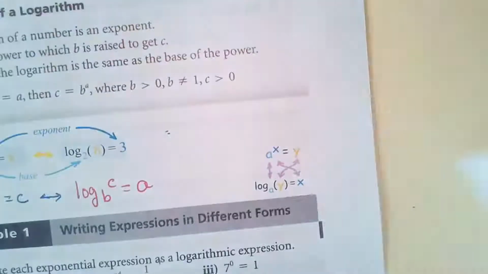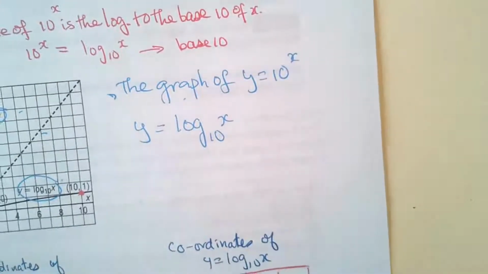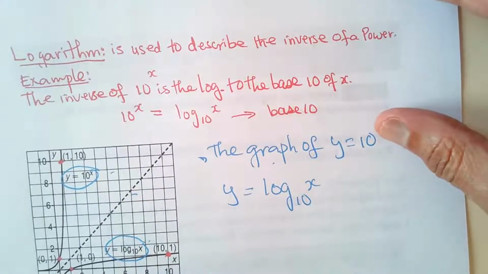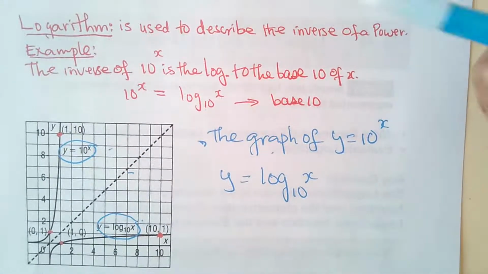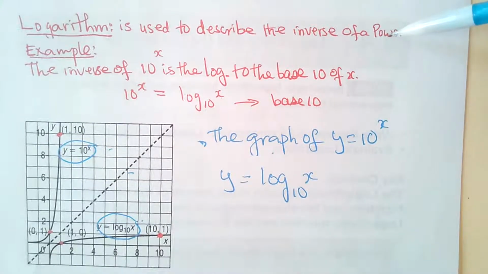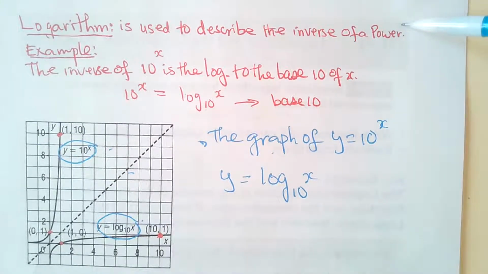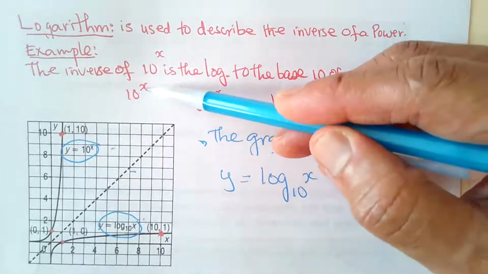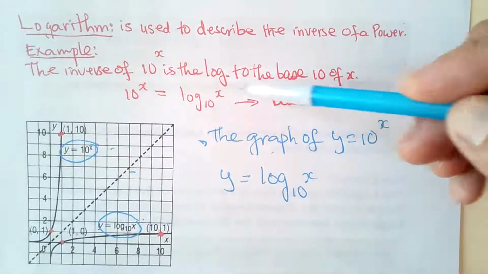Now let's go back to comparing them. We mentioned earlier that log is used to describe the inverse of a power or an exponent. 10 to the power x corresponds to log base 10 of x, which is base 10.